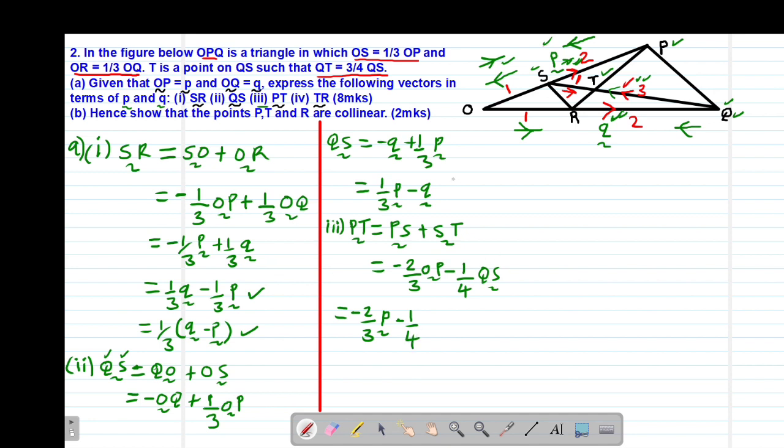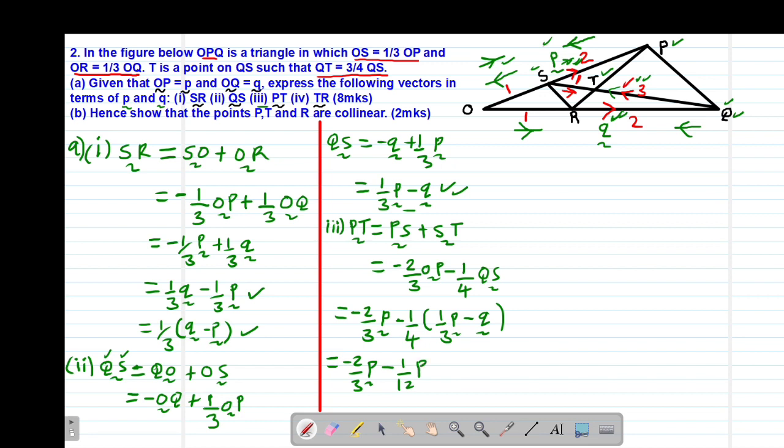I believe we have vector QS. We have it here, that is in Roman 2. So QS is a third of vector P, this one here, then minus vector Q. If I open the bracket, I'm going to have negative 2 over 3 vector P, then of course minus, this will give us negative 1 over 12 of vector P, because 4 by 3 you get 12.